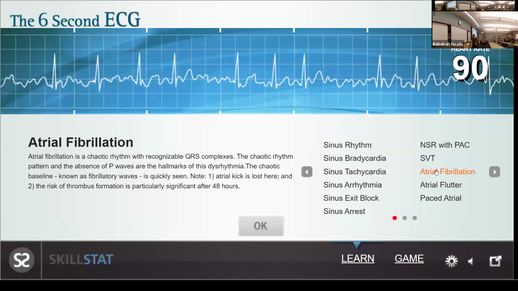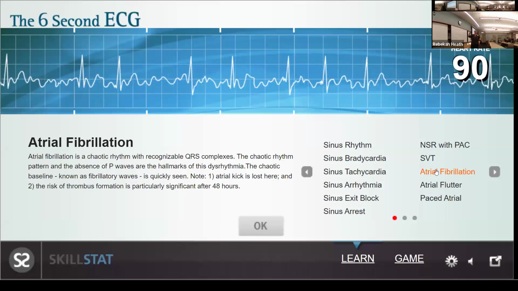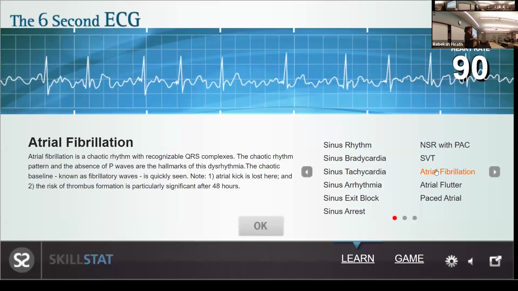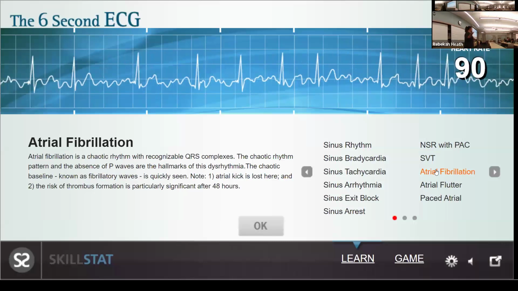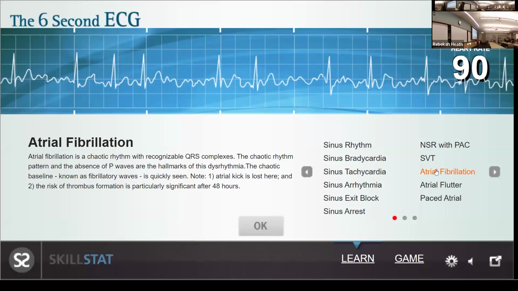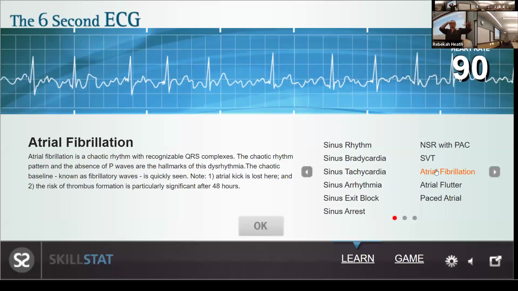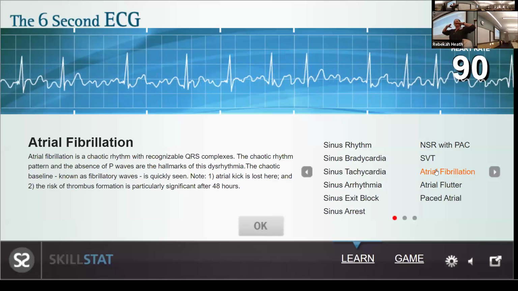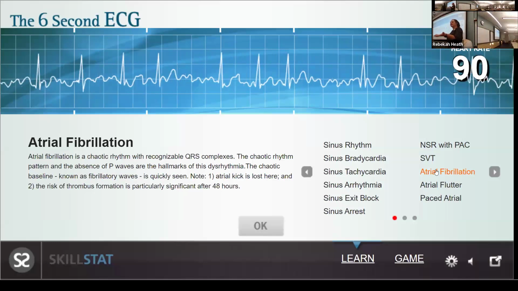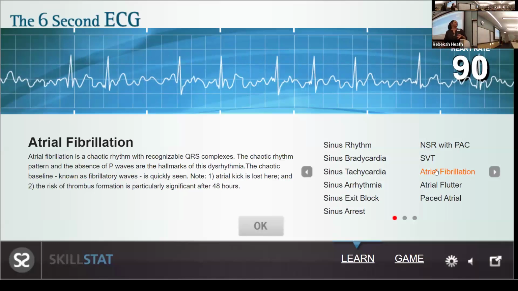The atrium is spazzing out, so we don't get any regular pattern, because the atrium is essentially having a seizure of some sort. So when we have AFib, we get this really amorphous, irregular P wave, and we can't even really see P waves. What's different about the QRS complexes when we look here?